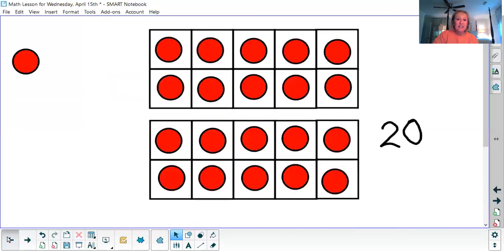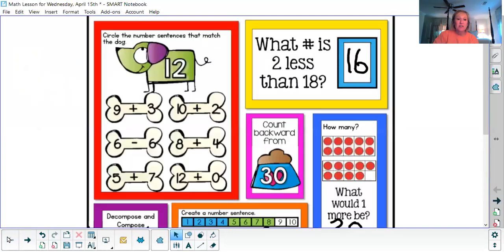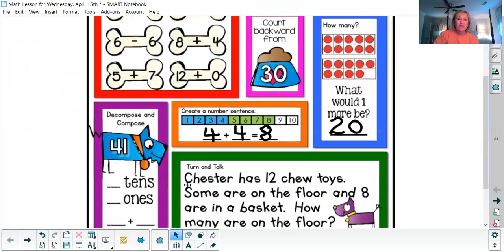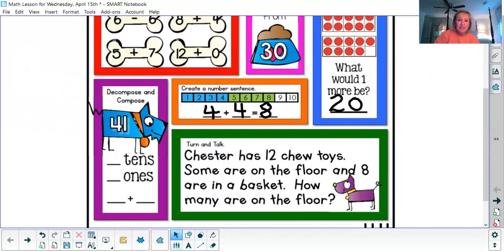So if I'm going to decompose and compose the number, I'm going to say 41 is equal to how many tens? How many groups of 10? It was equal to 4 groups of 10. 4 is in the tens place. And how many ones? What's in the ones place? Just 1. So 4 tens and 1 one.